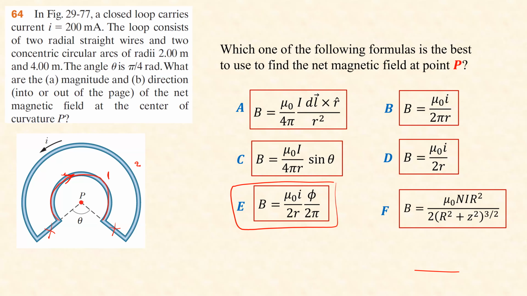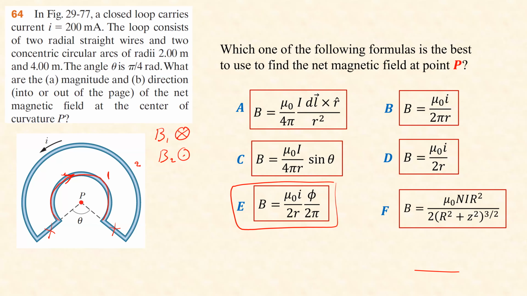Does it create a magnetic field into the page or out of the page? If you use the right-hand rule, we get a magnetic field into the page. So B1 is into the page and B2 is out of the page.